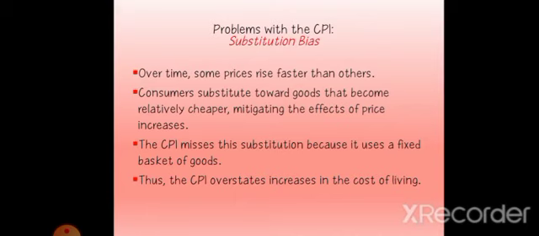Yet, in computing the consumer price index, the BLS uses a fixed basket, which in essence assumes that the consumer continues buying the now expensive apples in the same quantities as before.